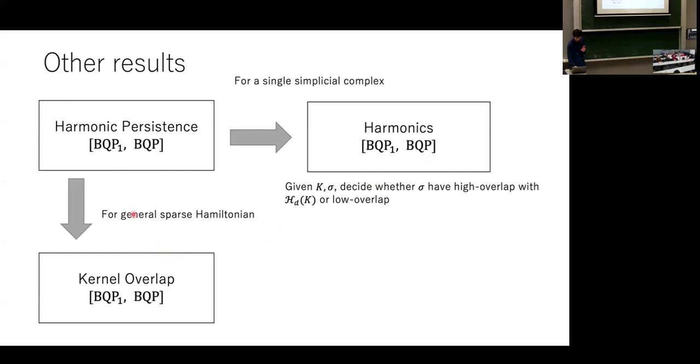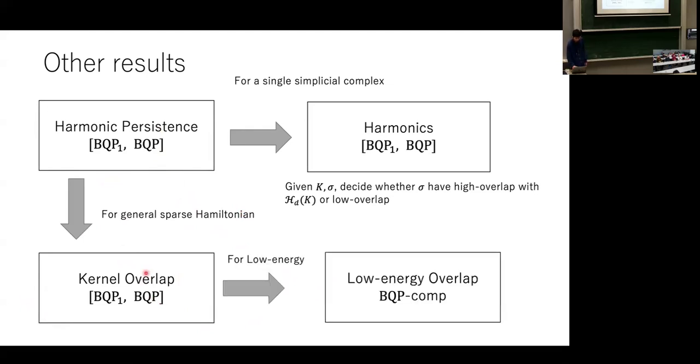We also considered, instead of the combinatorial Laplacian, more general sparse Hamiltonians, and we call such a problem the kernel overlap problem. These have similar complexity.